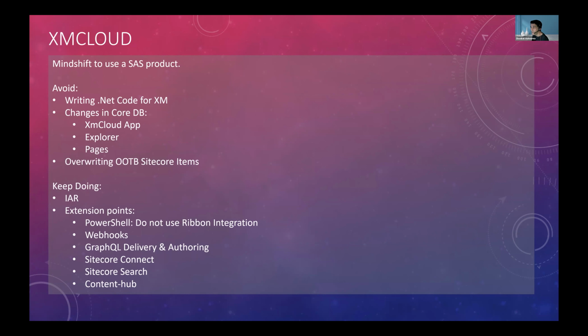It also includes the changes in the databases like the core DB, especially the core DB, because other parts of the products like the xmCloud app or Explorer or Sitecore Pages depend on that database. So changing that database may affect the current release or future release of the product.